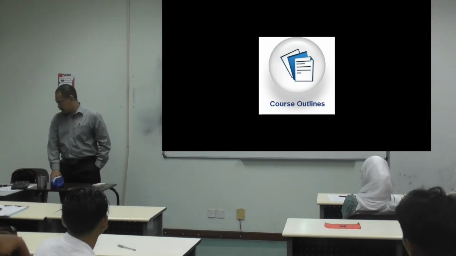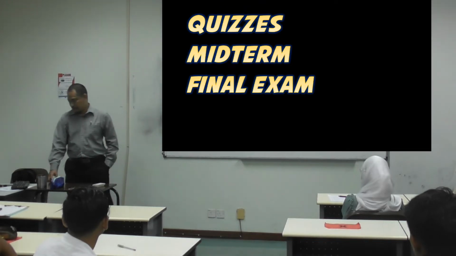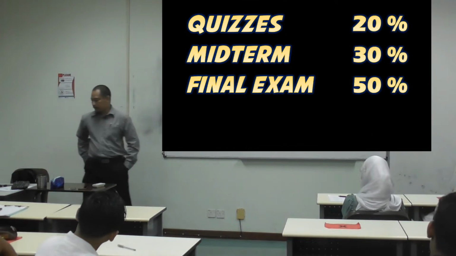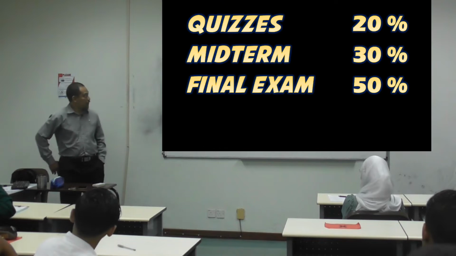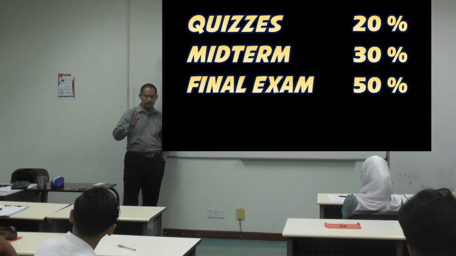In terms of the assessment, as mentioned, the quiz, midterm and final. Basically, the quiz will give you 20%. Now, midterm and final will be centralized, because I think we have 3 sections for this semester.